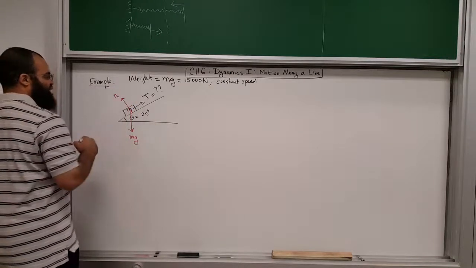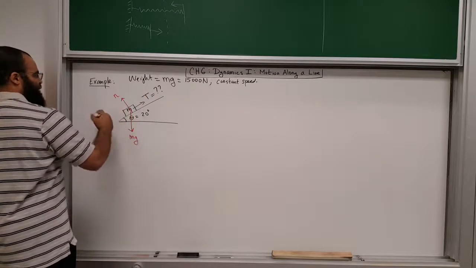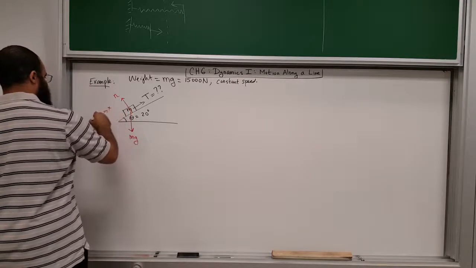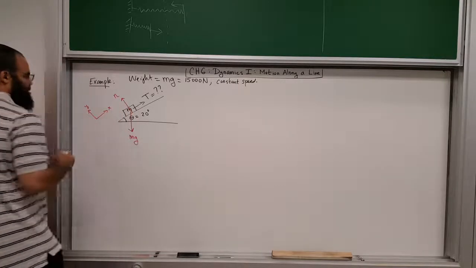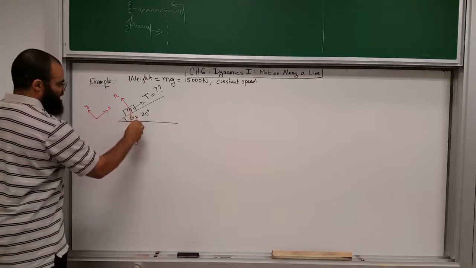It's at a 90-degree angle. We said, let us choose our coordinates to have this to be the x direction, and this to be the y direction. And remember from the previous problem that we did, if this is theta, then this angle is theta.